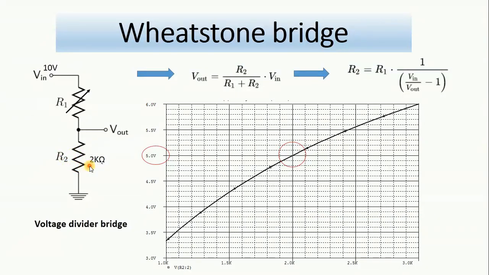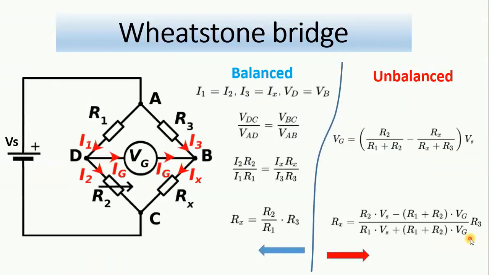So this takes us to the advantage of the Wheatstone bridge. If we go a little bit back here to the Wheatstone bridge, we see that the unknown resistance that we are trying to measure is a function of known resistors: the R1, the R2 on our potentiometer scale, and the R3.